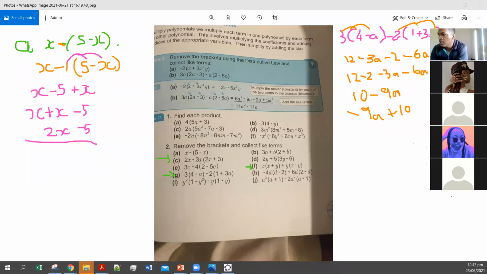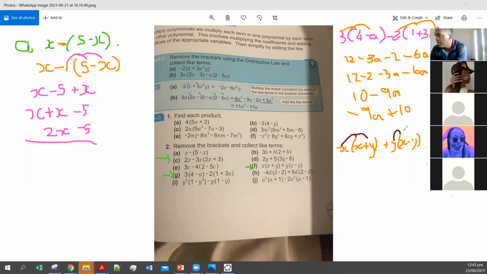And then finally, the last one is F. So I have x bracket x plus y, close the bracket, plus y bracket x minus y. Okay, this looks very similar to our quadratic equations and formula things. So x again will multiply everything inside the bracket.